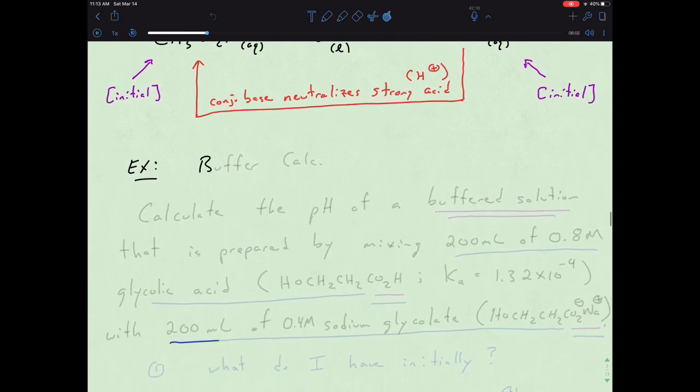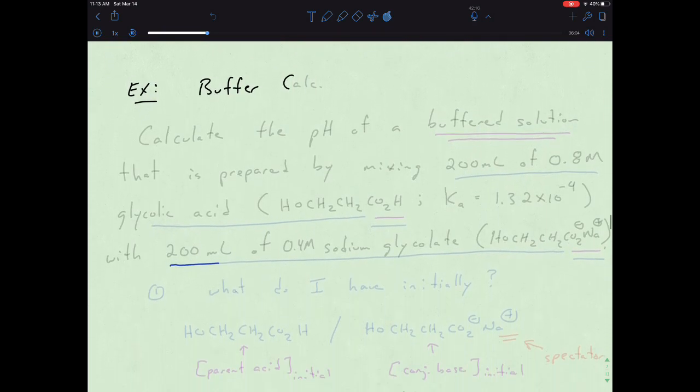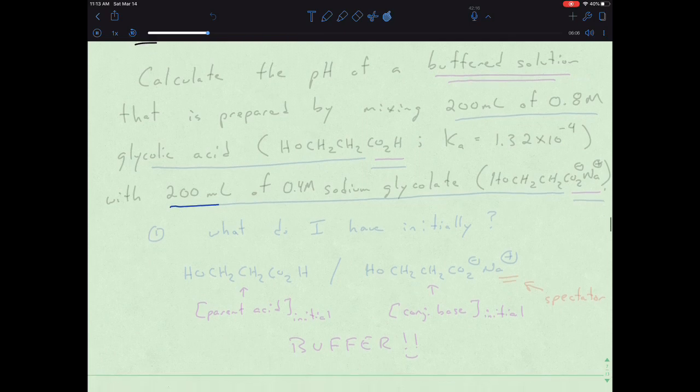So here is our example of a buffer type calculation.